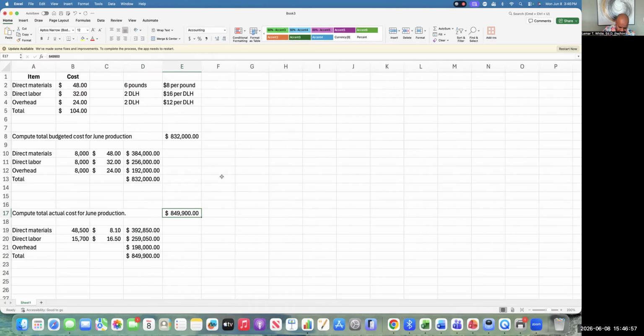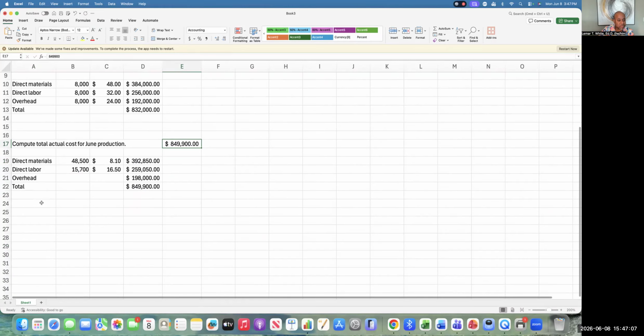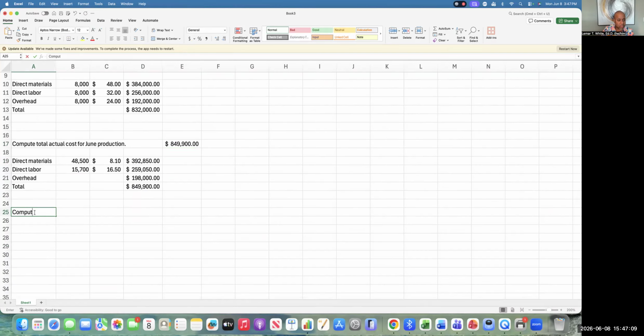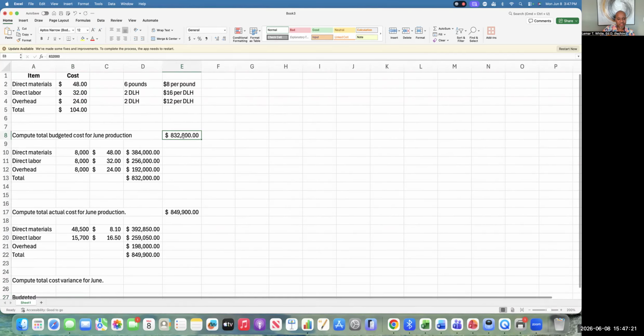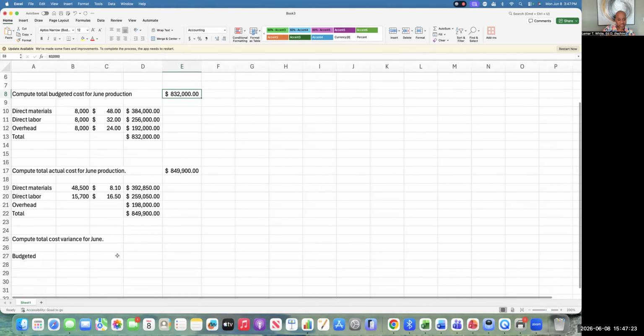Now the last part of the question says compute total cost variance for June. My budgeted amount was $832,000.